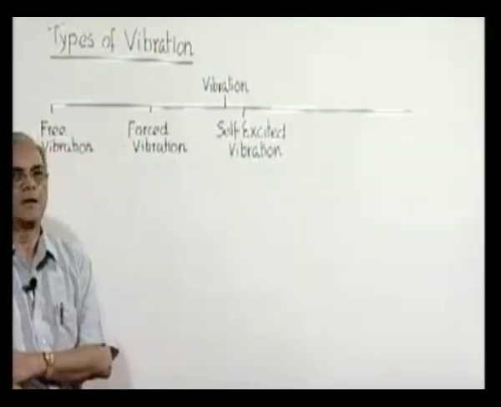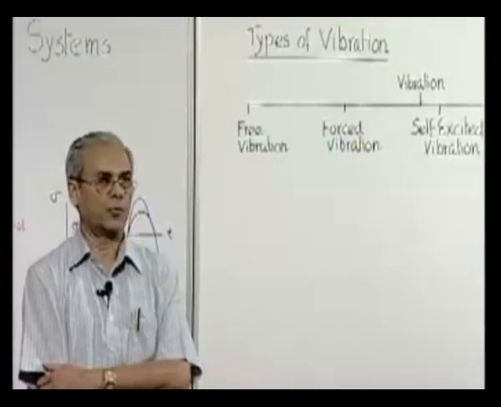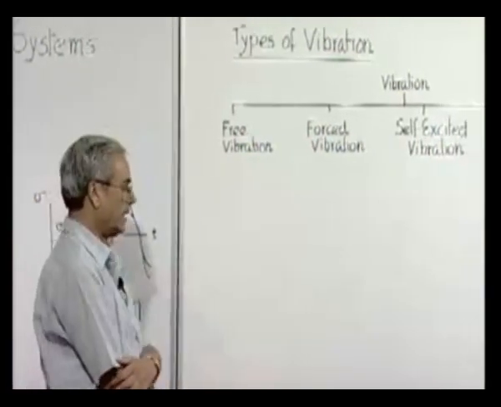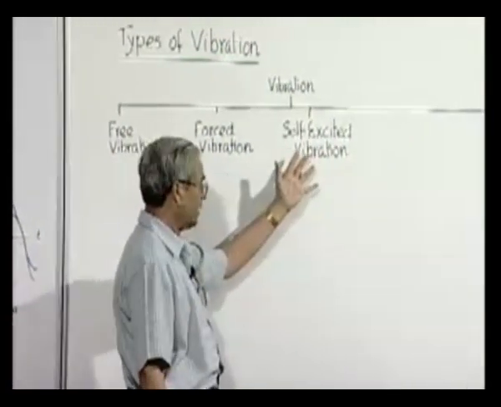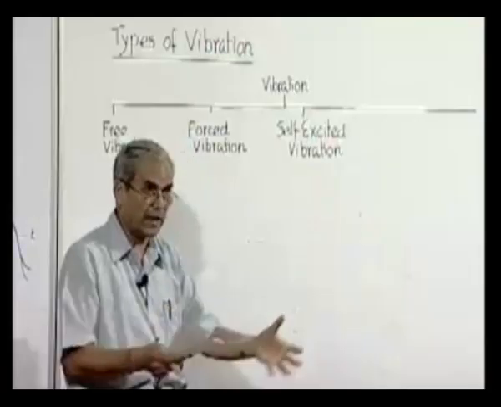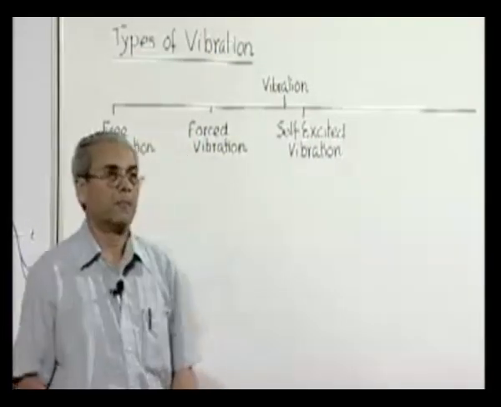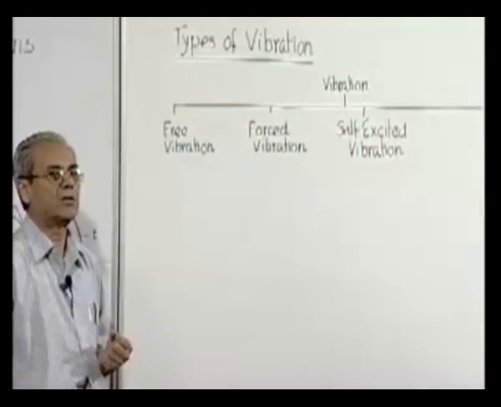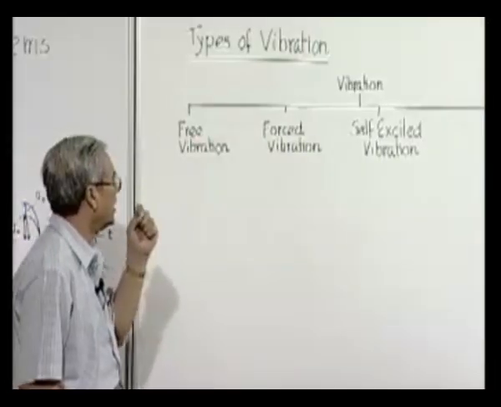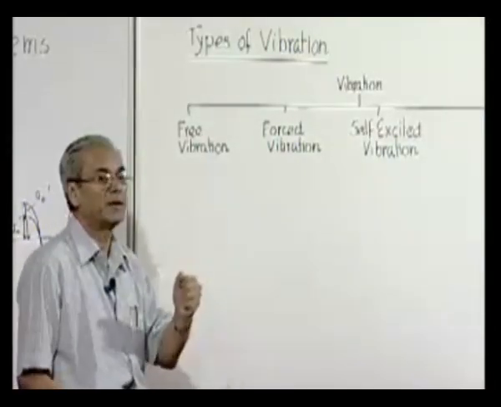which is neither free nor forced. What I mean to say is that this vibration definitely needs an external energy, but it is not required to make the system vibrate by a dynamic force.